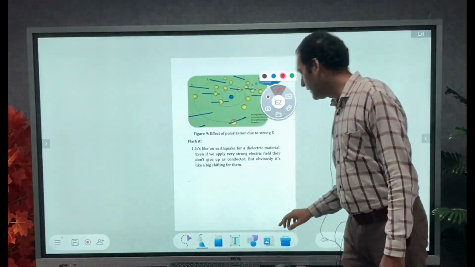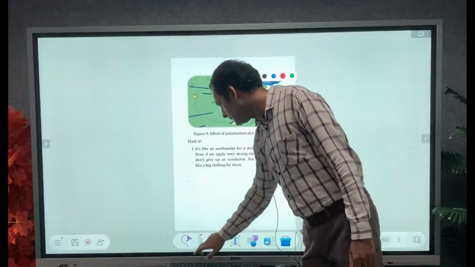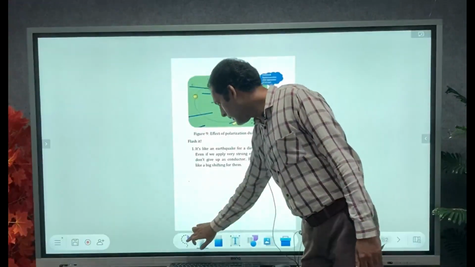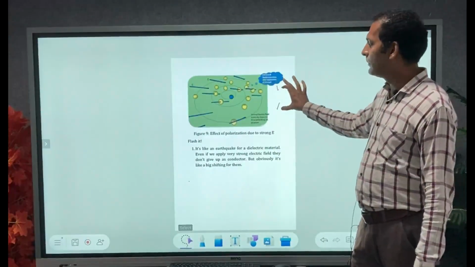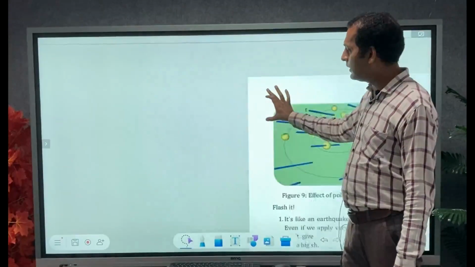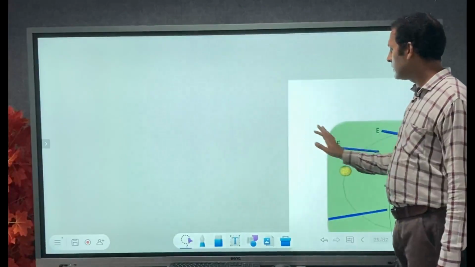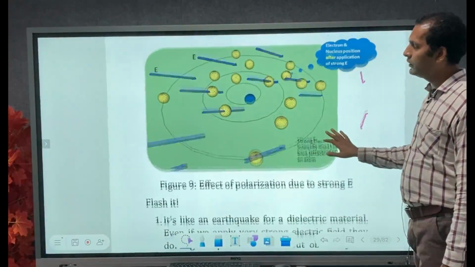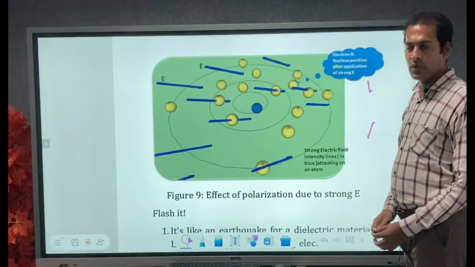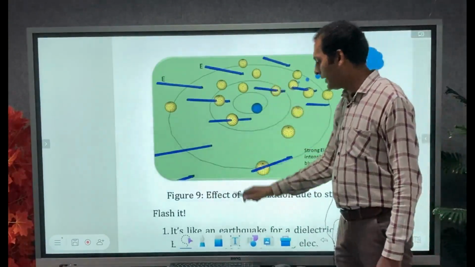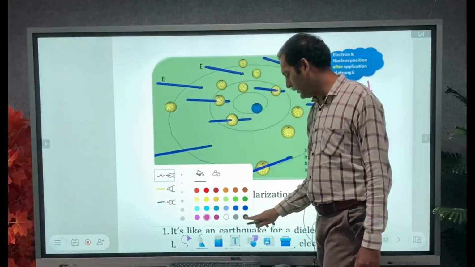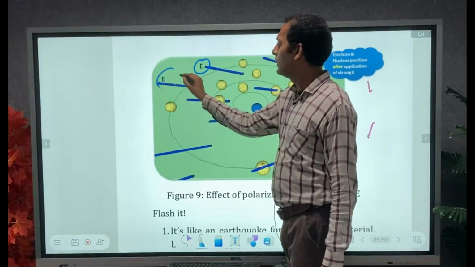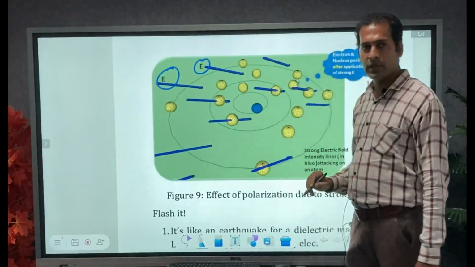The electric field will not be able to get the electrons out of the atom, but it will succeed in changing the structure of the atom. It will be like an earthquake to the electrons and nucleus. We keep on applying the electric field intensity. The field lines are continuously attacking the atom. We are applying a very strong electric field.